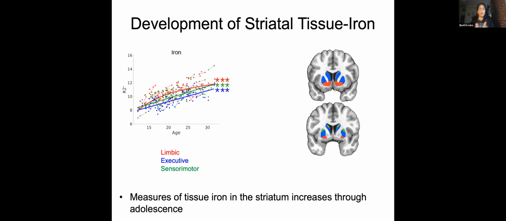So here are some of the results, and this is important for a lot of the work that we're doing going forward. First of all, as other people have found, we find that tissue iron is increasing with age. In the ventral striatal limbic area, it's even starting to stabilize when going through adolescence.